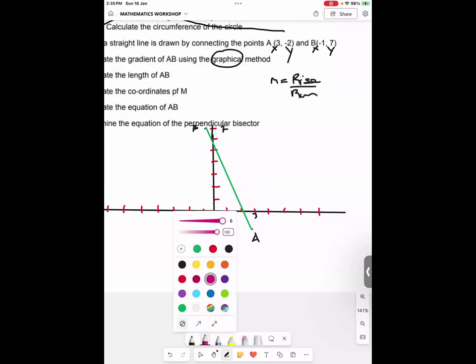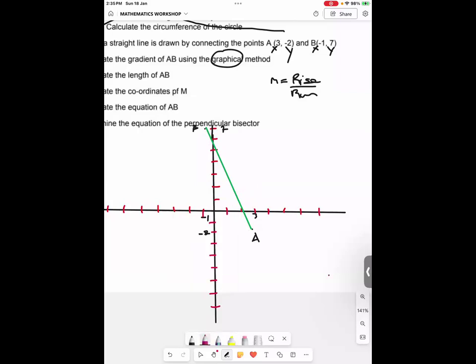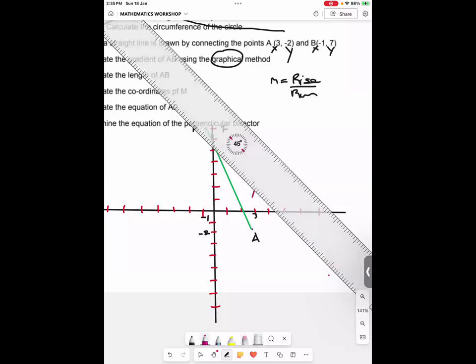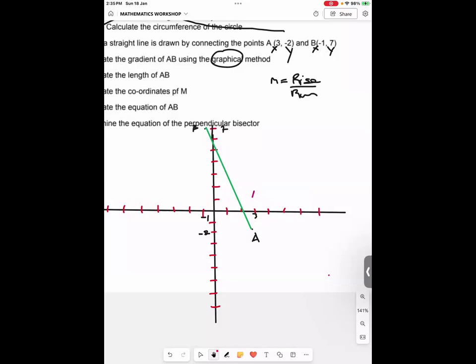So if I use this pink color here and I draw a line upwards here, it's not accurate, guys, forgive me. I'm going to try to do it as best as I can.